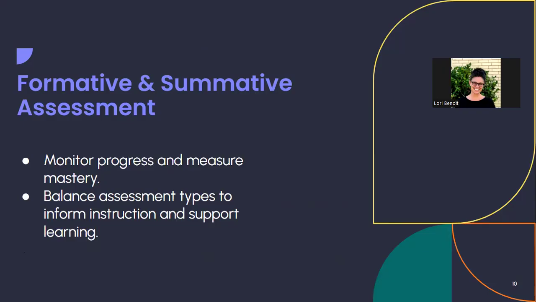This component helps you plan both ongoing, which is formative, and final, which is summative, checks for understanding. Formative and summative assessments help teachers monitor progress and measure mastery. It balances assessment types to inform instruction and support learning throughout the unit, and then all the way for what we consider year-long and long-term learning goals.